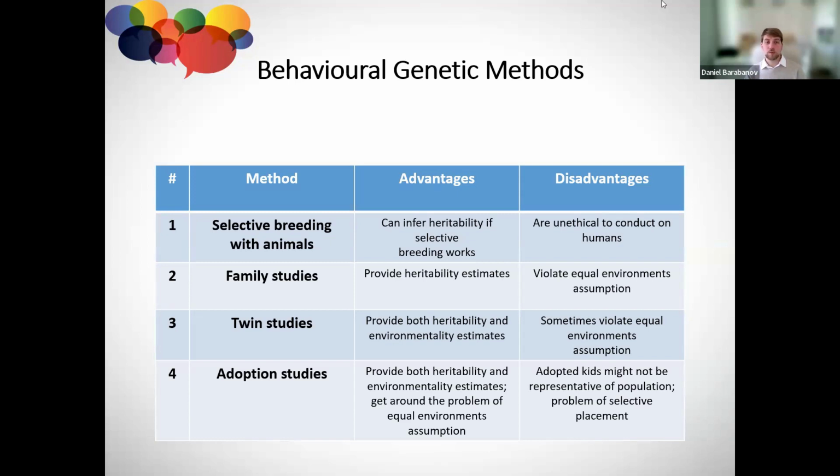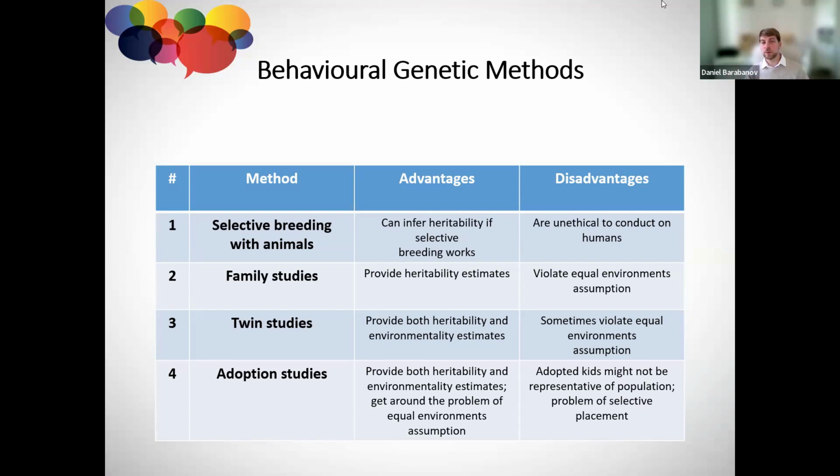So that's why most behavioral genetics researchers use twin studies more often. I will quickly remind you that we can have two types of twins. Identical twins share 100% of genes, so they are genetically fully identical, right?